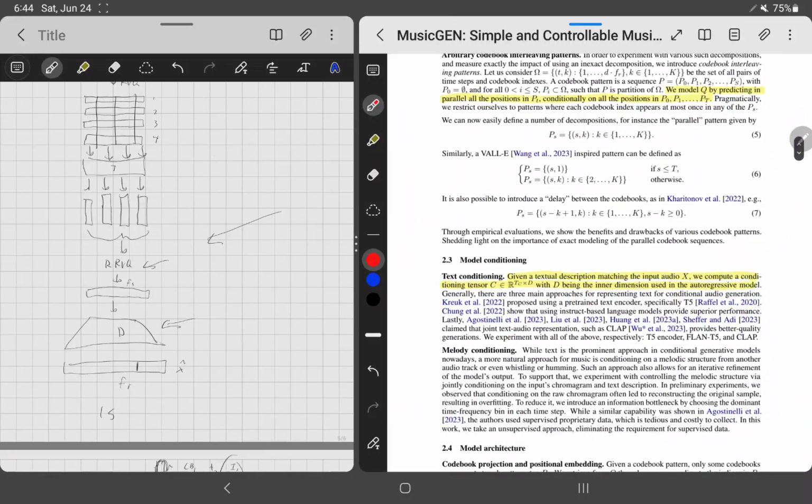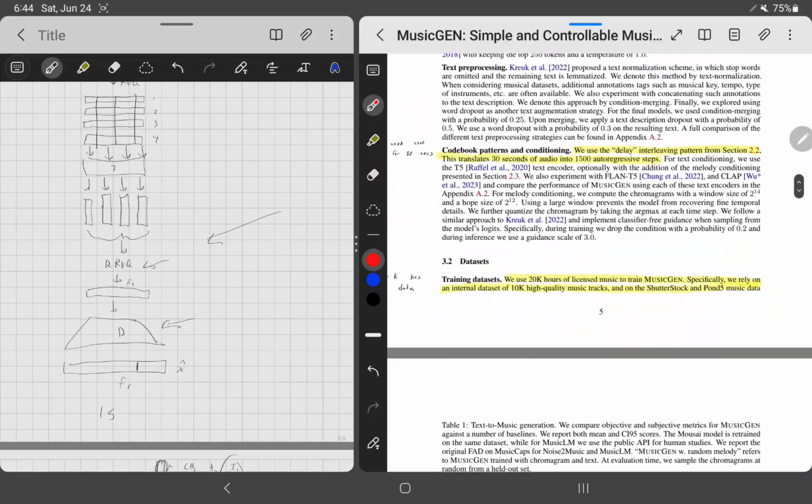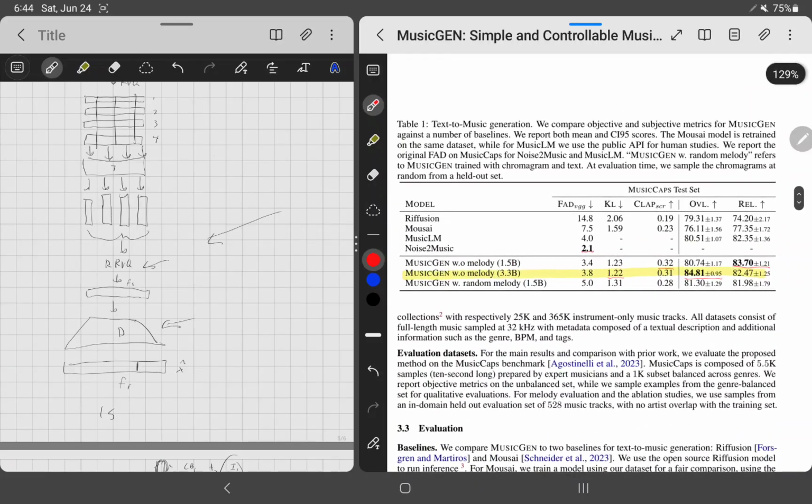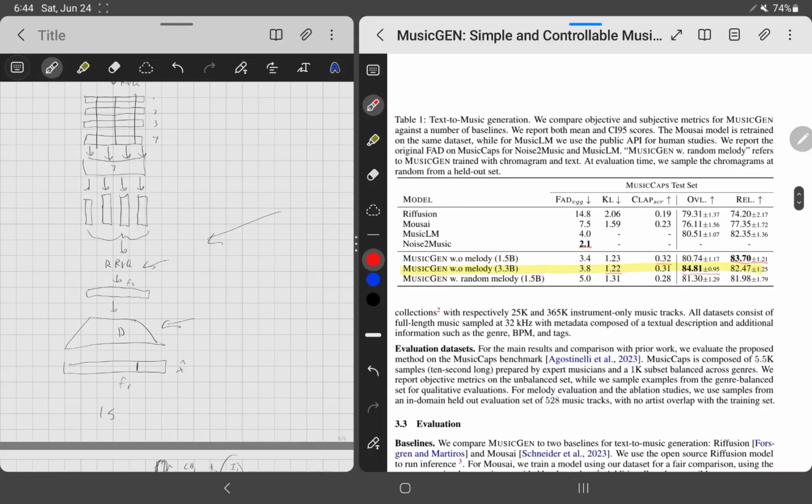Let's see some of the results compared to the other models currently being used. It looks to do better, and by pretty significant numbers.